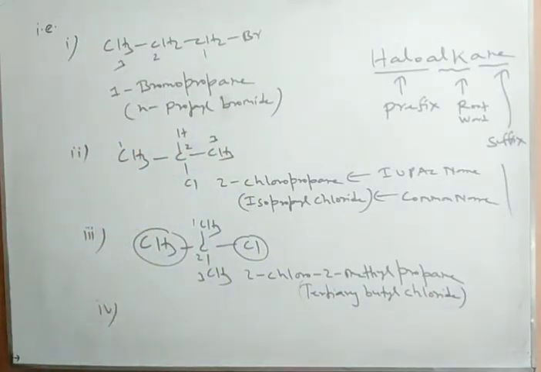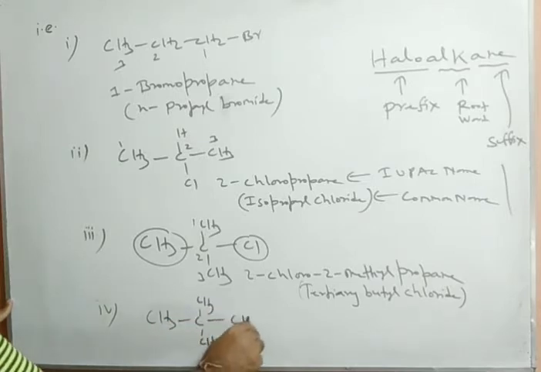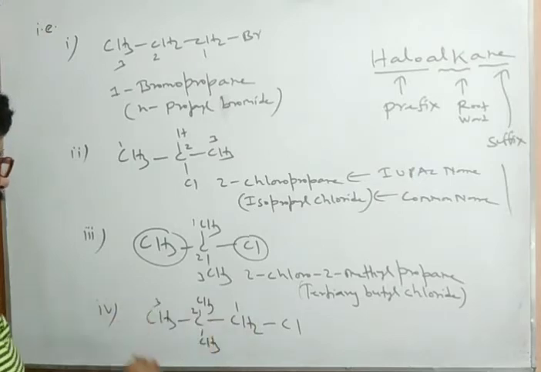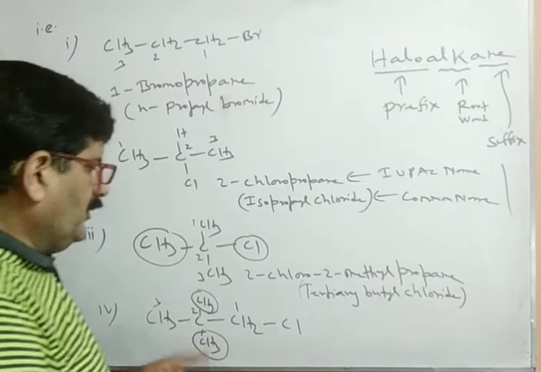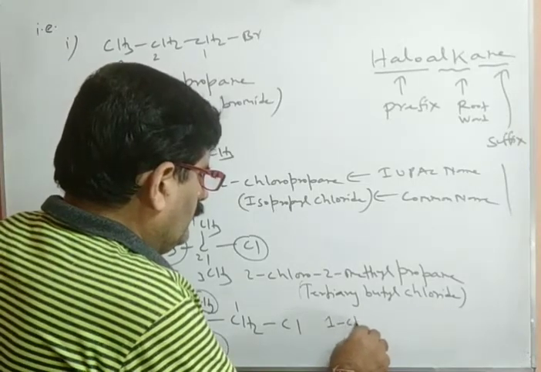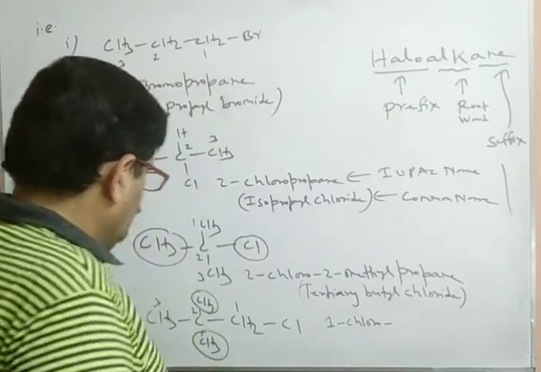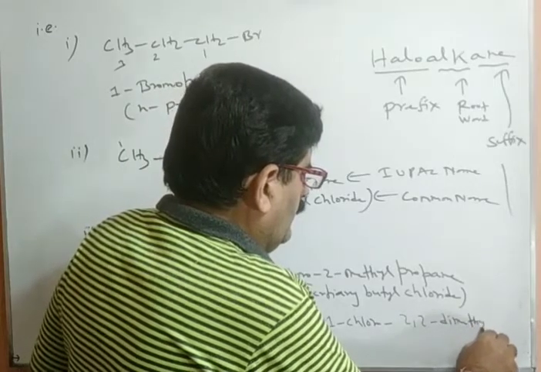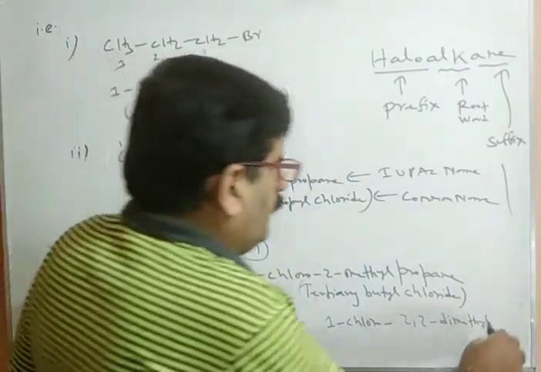Next one, suppose you are given this pattern of compound. We can write 1, 2, 3. Two methyl groups are present as substituents, so the naming of this compound becomes 1-chloro-2,2-dimethylpropane.